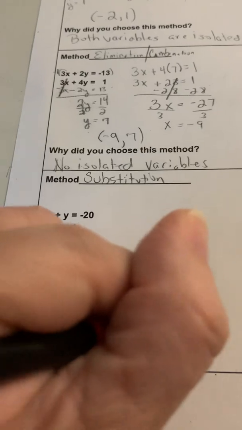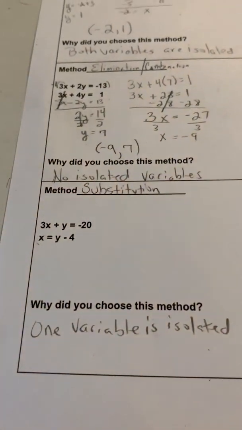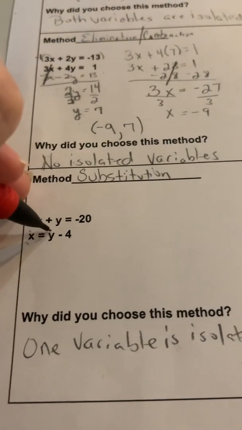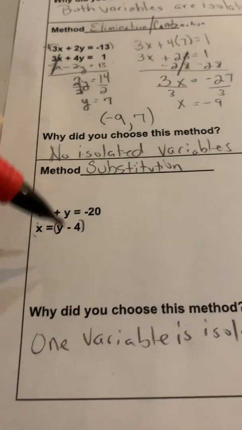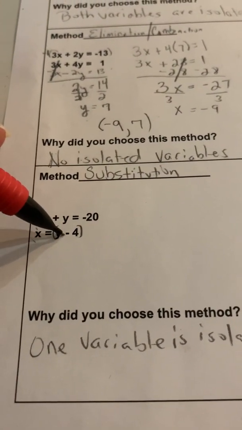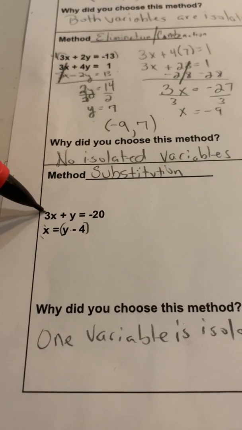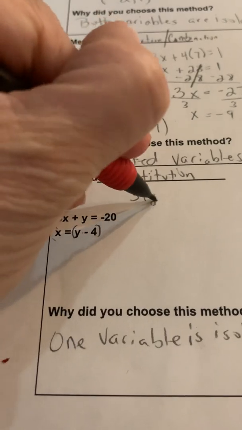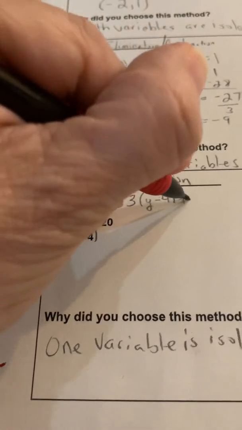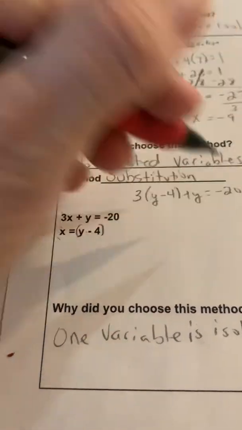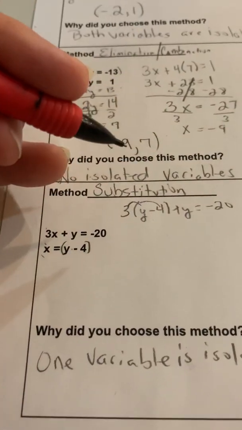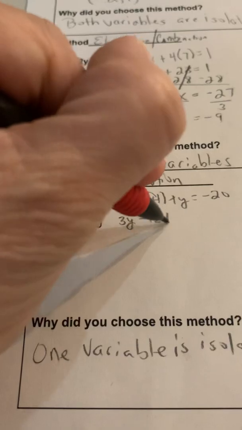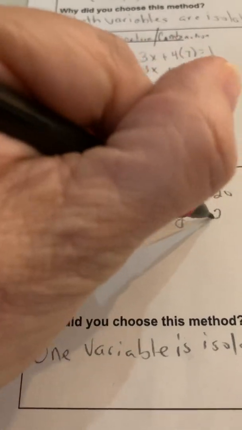I like to put it in parentheses, and this is what I'm going to substitute for the value of x here. So I'm going to put 3, and instead of x, I'm going to put y minus 4, plus y equals negative 20. Then I'm going to distribute the 3 to each term, so that's going to give me 3y minus 12 plus y equals negative 20.